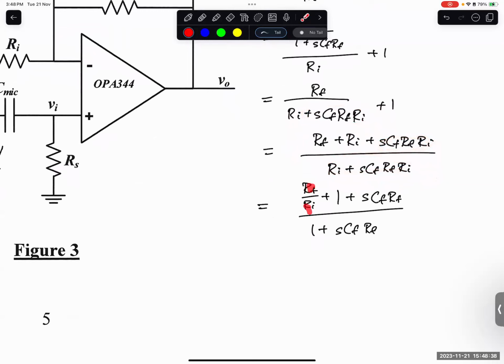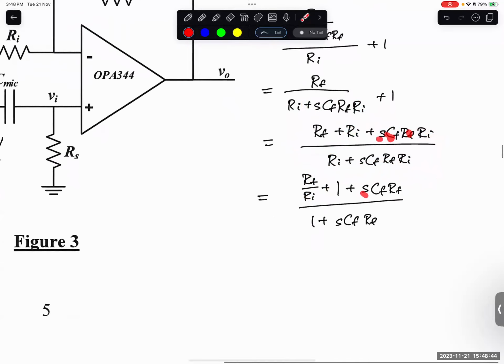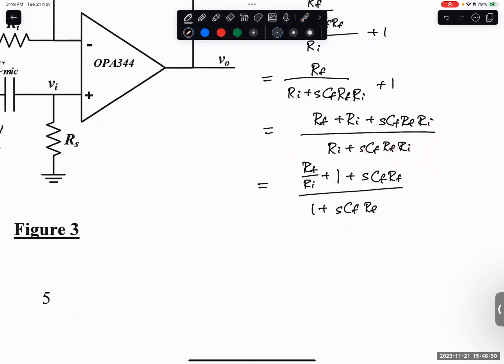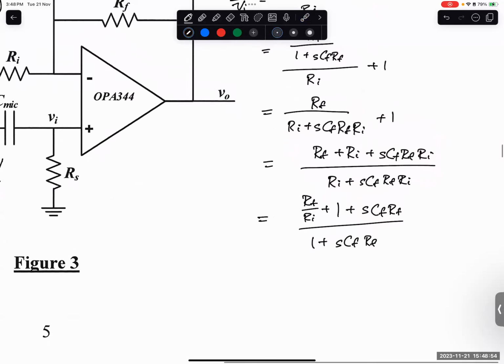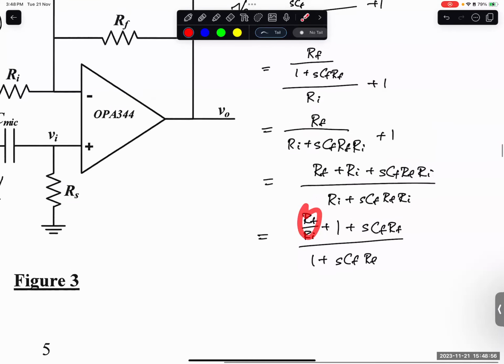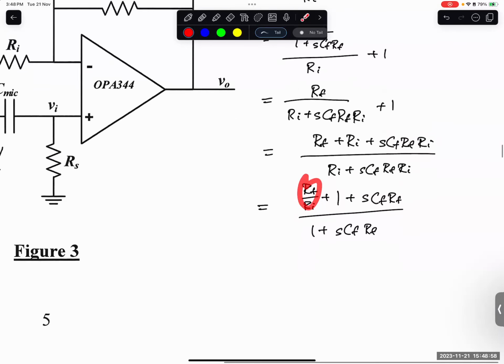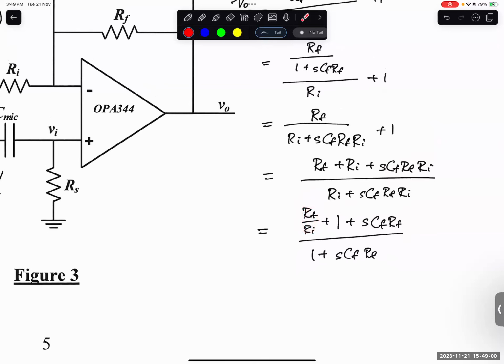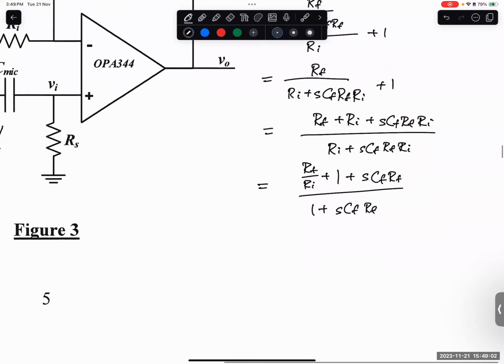So RF over RI plus 1, because RI over RI is 1, SCF, right? CF RF, then divided by 1, RI same thing also. Like that, okay. But now we have some issue, right? Because this one don't have the S factor, right? If you have S factor, then we actually can close already. Oh, I think maybe we might be super close actually. Are we?